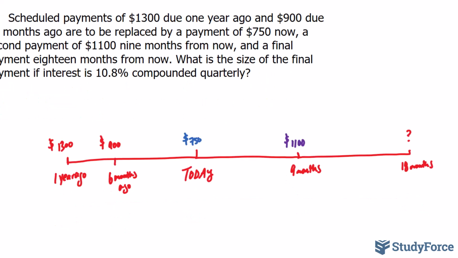Now that I've created my timeline, my next step is to find out the future value of this overdue payment today and the value of this overdue payment today, and sum them up. And to find the future value, we use the compound interest formula.